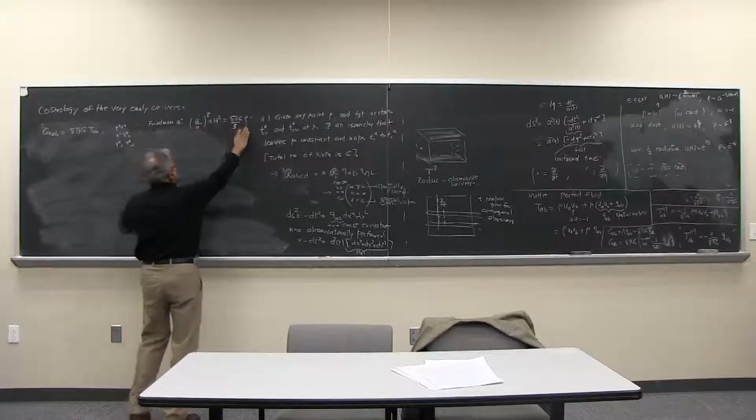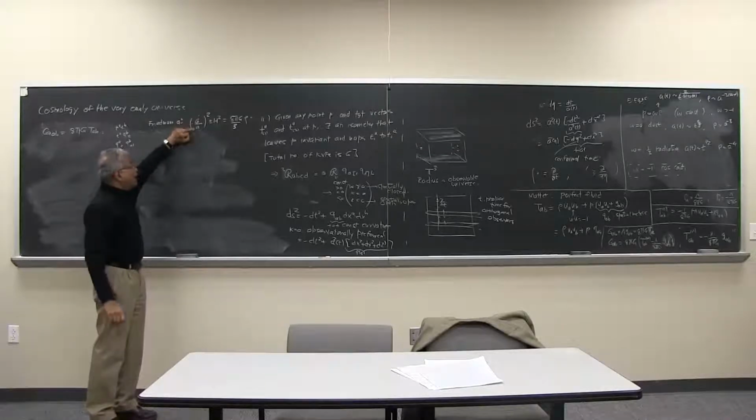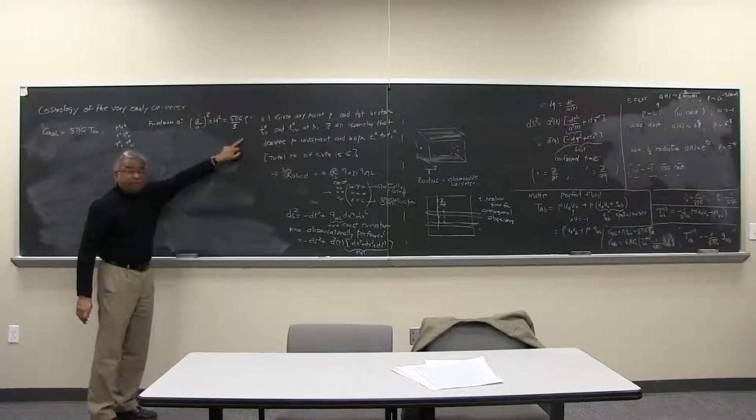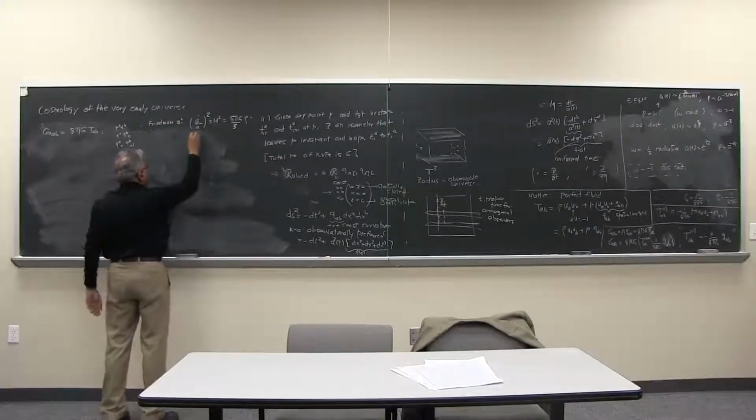So if the energy density is positive, that means a dot over a could never vanish, right? So therefore, this would imply immediately that a dot over a never vanishes.